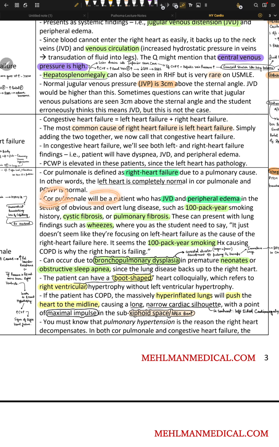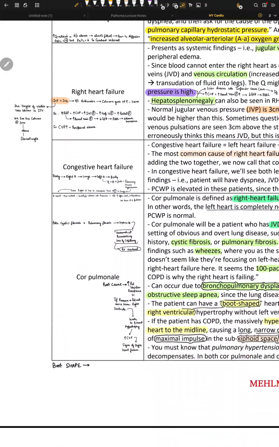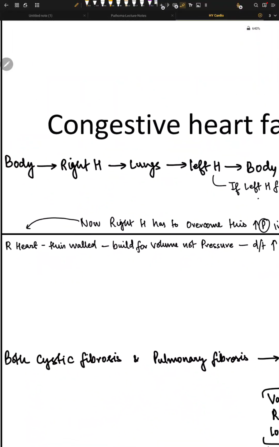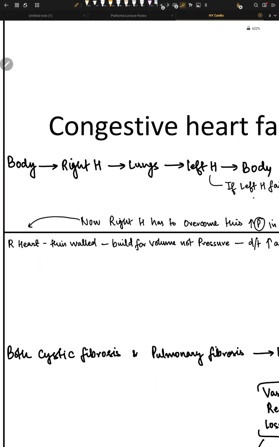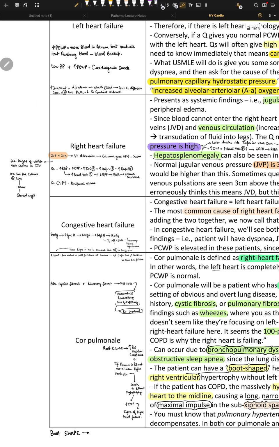So cor pulmonale will have JVD, a right heart failure sign. It will have peripheral edema because the blood will pool back inside the body, right? This is the scheme, that's how the blood moves from the body to the right heart. Now imagine the right heart is failing right here. The blood will pool back inside the body, and this will give us peripheral edema, right?